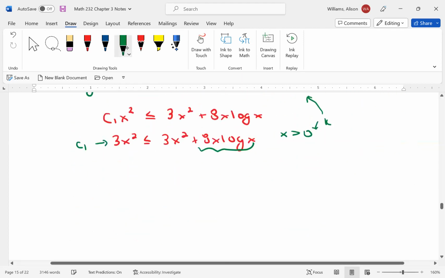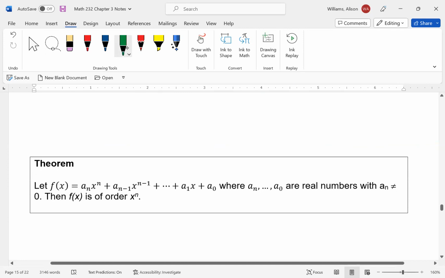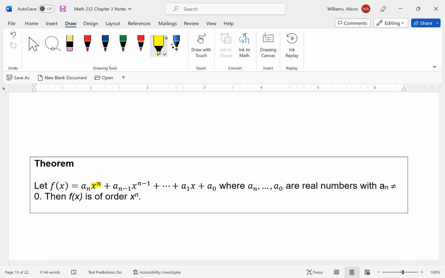All right. Here's our final theorem, and it is kind of a useful theorem. It basically says that if we're working with a polynomial, the x to the n, the leading term, that is the order. That is the connection to big theta notation or big O notation.